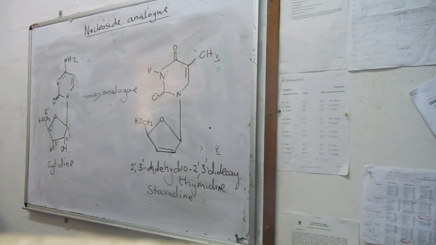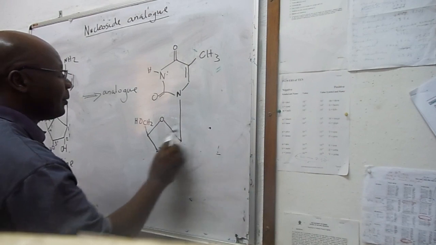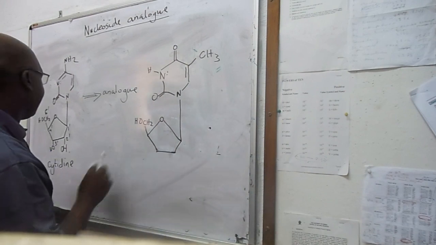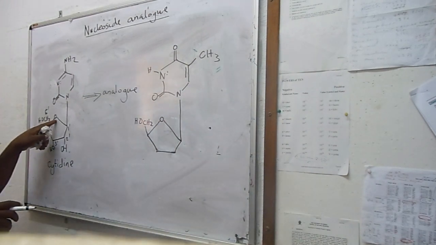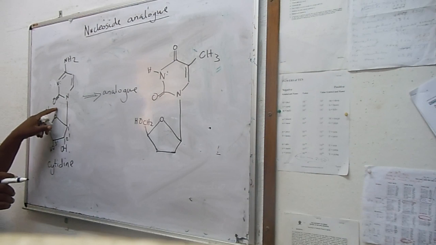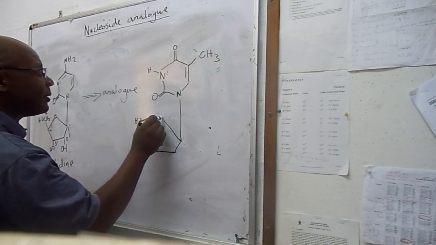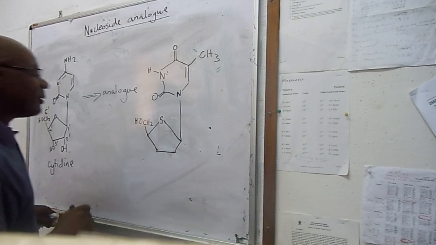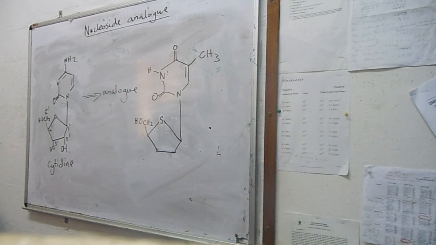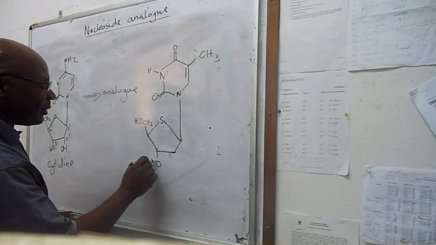What I can do to the cytidine is to choose to remove an oxygen. Remember, oxygen is in the same group as sulfur, not so? Yes. So I can choose to remove the oxygen and put a sulfur here. And then remove this oxygen so that I only remain with this oxygen here.